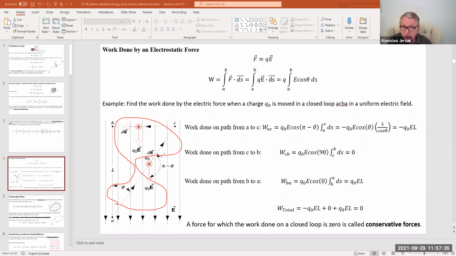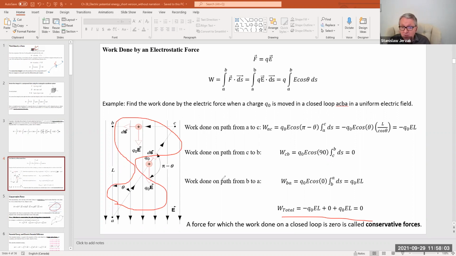But even if the electric field produced by different types of charges is not uniform, when the charge moves on a closed loop, the work done by electric force will always be equal to 0. Now, to prove it in general requires quite a lot of mathematics. I hope they will prove it to you in calculus courses for that complicated arbitrary shape of line integral. But as I'm saying, this is always true.